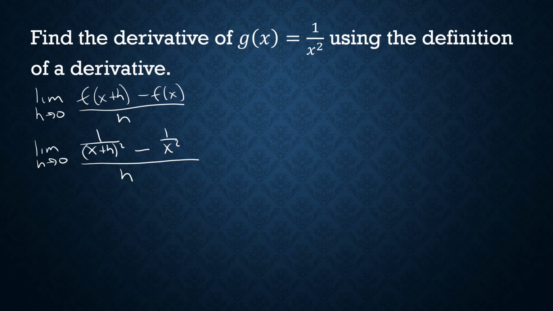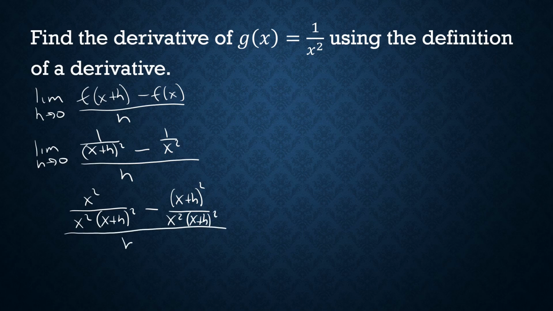So if I do that, I'm going to have x squared over x squared (x plus h) squared minus (x plus h) squared over x squared (x plus h) squared, all over h.